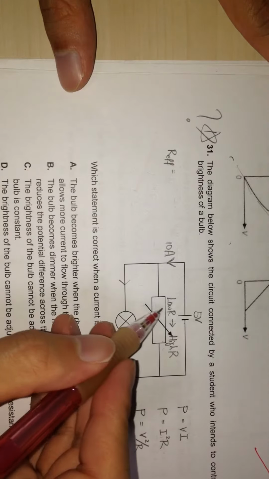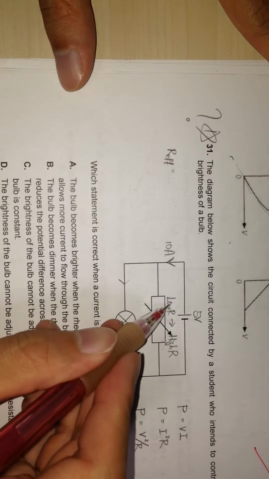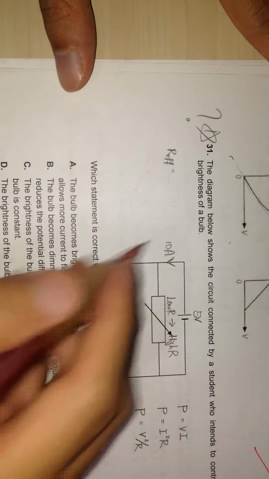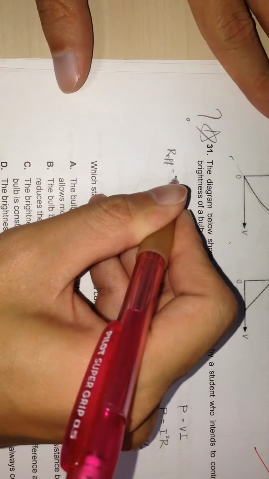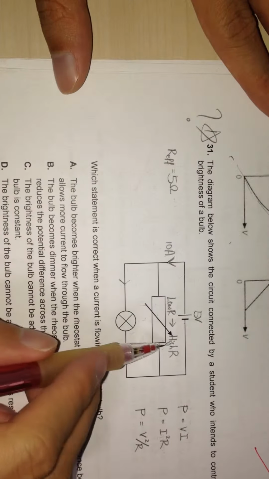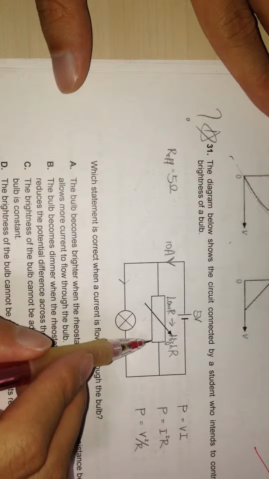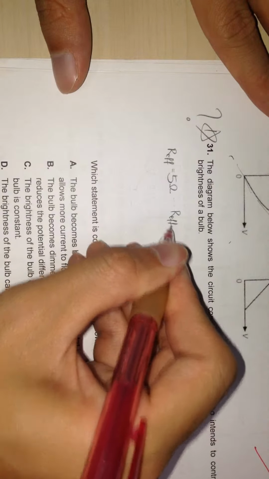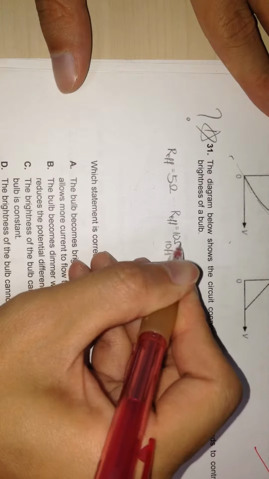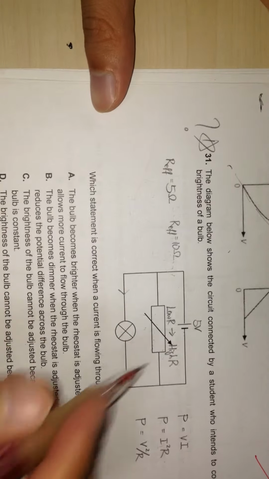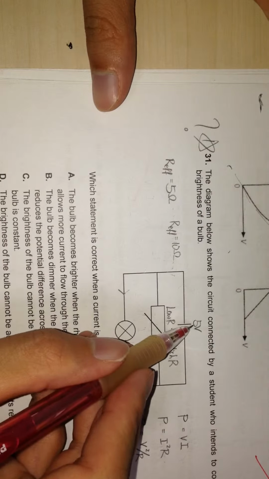So let's say when the variable resistor is having a low resistance, the overall resistance here is, let's say, 5 ohm. And after you change the resistance here to a high R, the overall resistance has increased to 10 ohm. Let's do a simple test. Let's keep this at 5 volt.